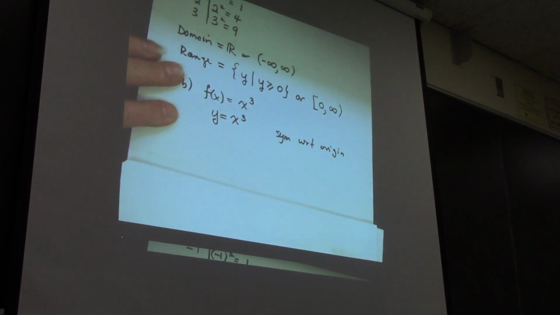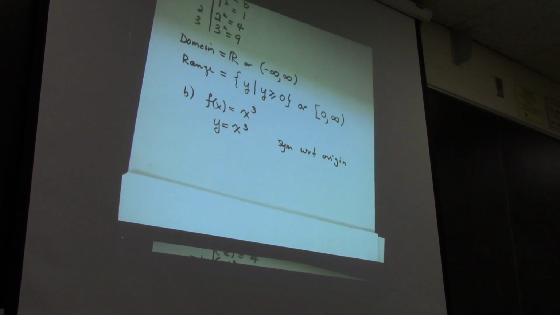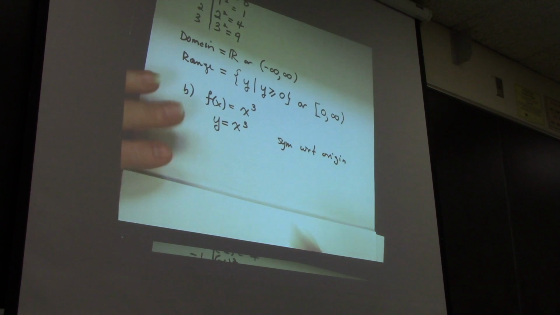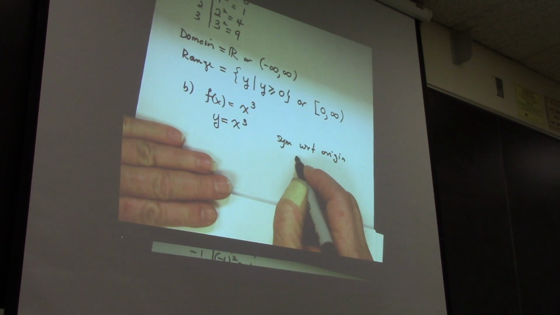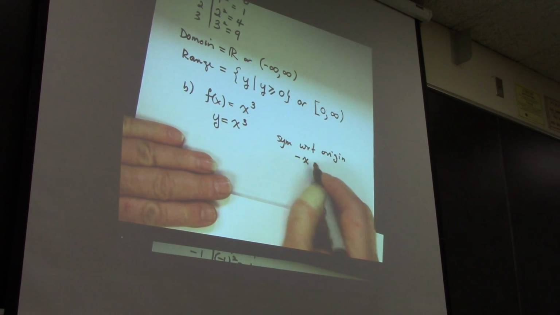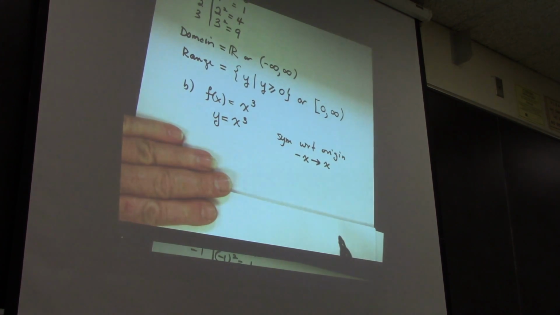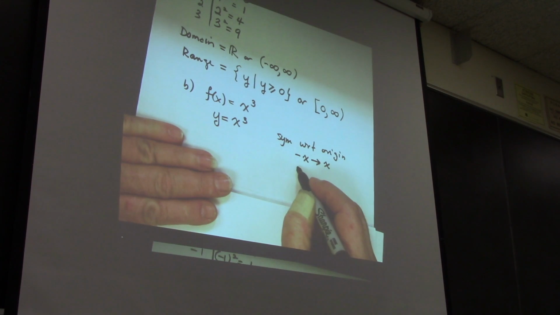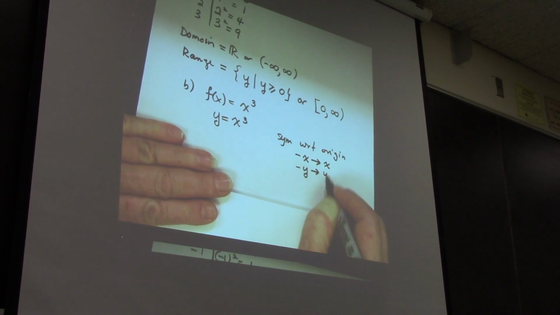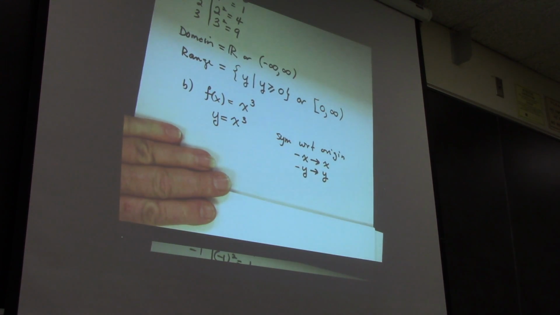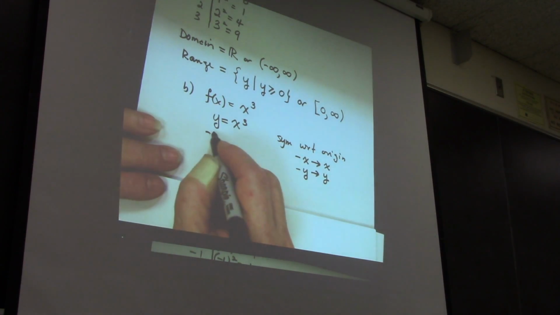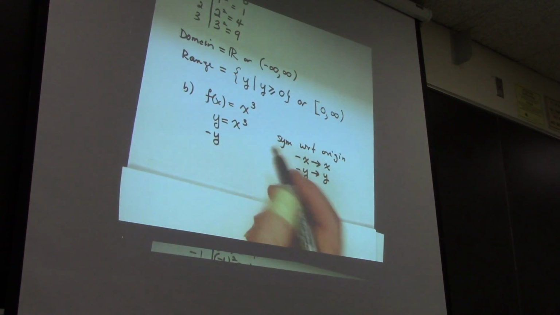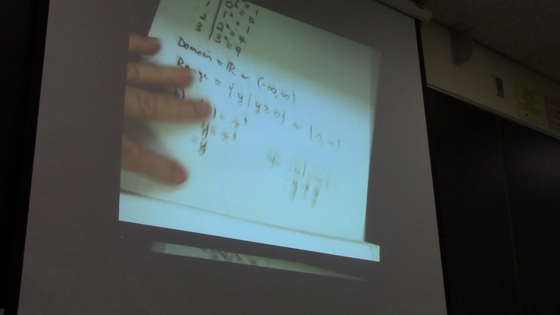How do you test an equation for symmetry with respect to the origin? You substitute in the opposite of x for x and the opposite of y for y. I'm just going to test this symmetry because I think you need a review of it.